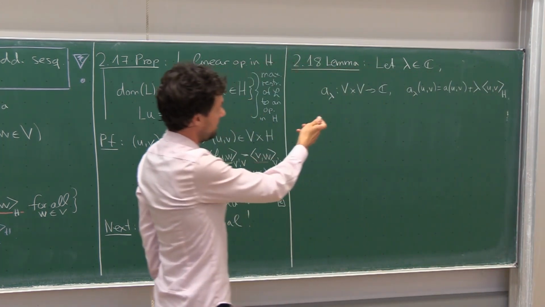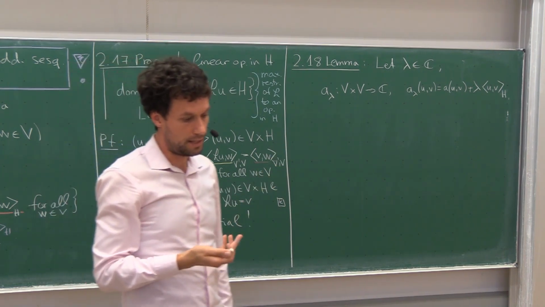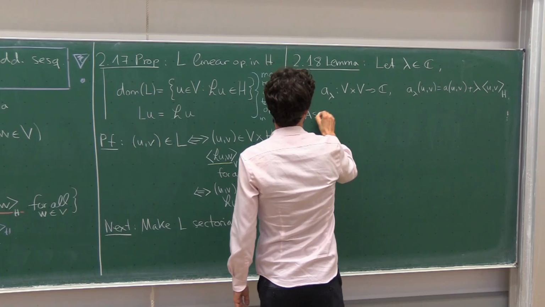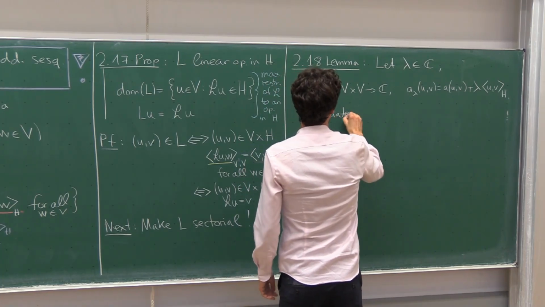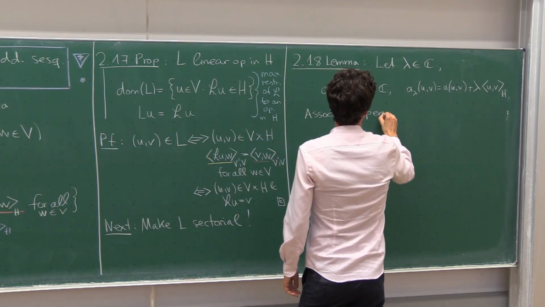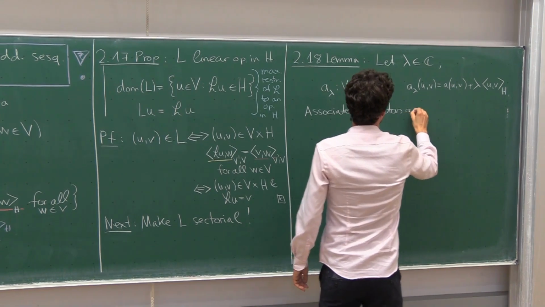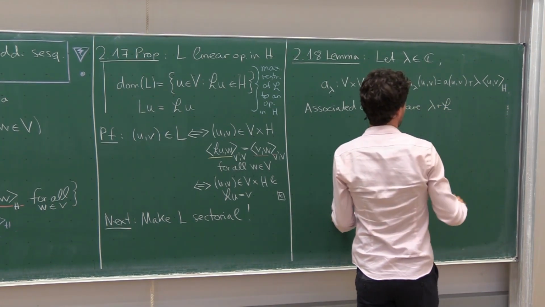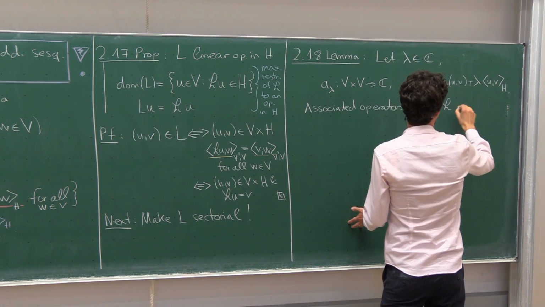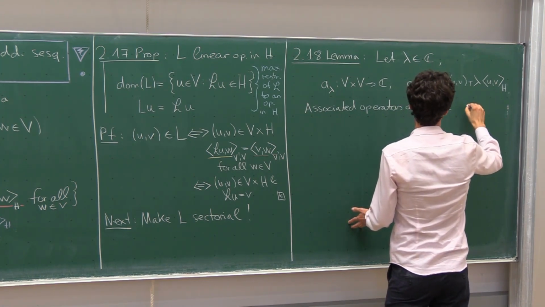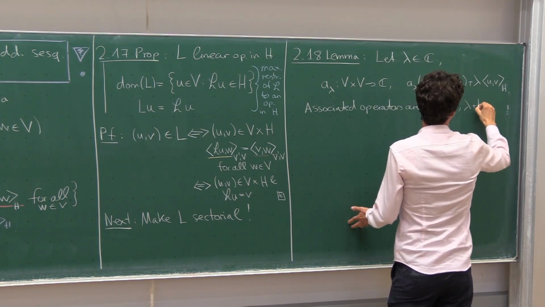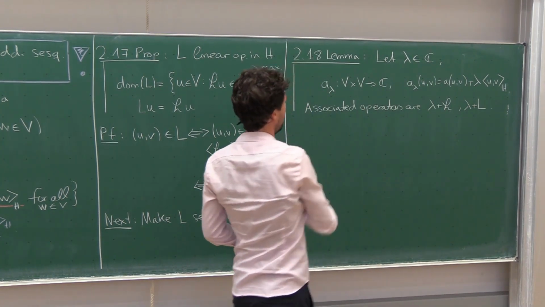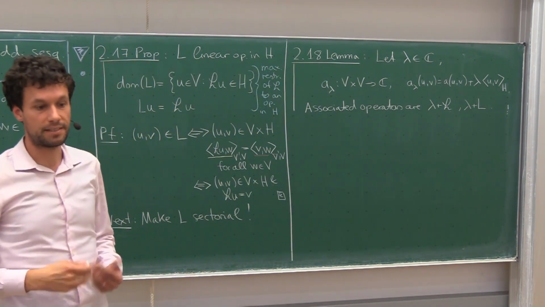Okay. Then I claim that this is, again, a nice sesquilinear form, and I can associate operators with it. Well, if I do it in V, then it's going to be lambda plus script L on V, and if I do it in H, then it's going to be lambda plus the Roman L. Okay? That's the statement.